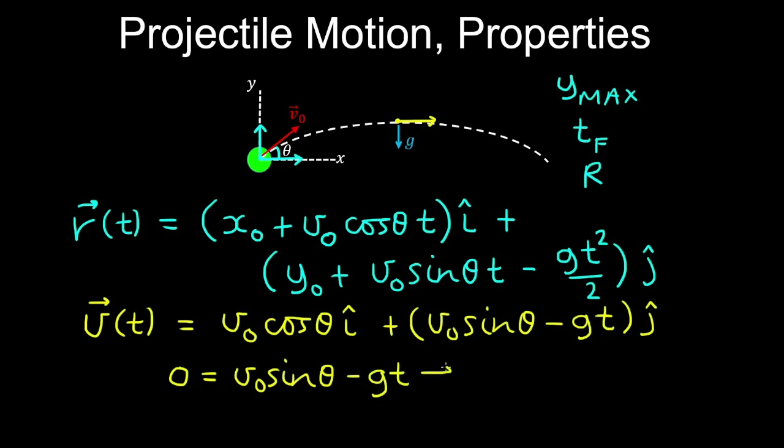And this will give us half the time that the projectile is in the air. So we get t is v naught sine theta on g. And therefore the total time that the projectile is in the air is twice this time. So we got the time of flight.